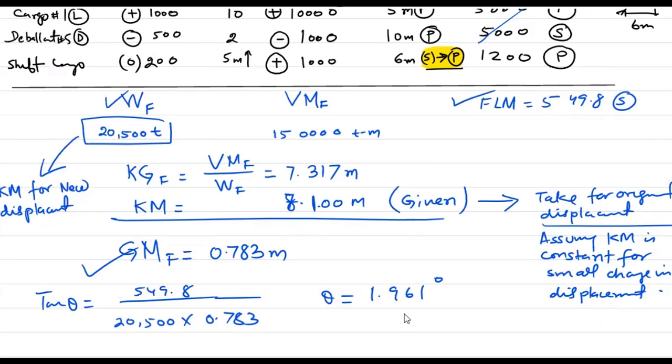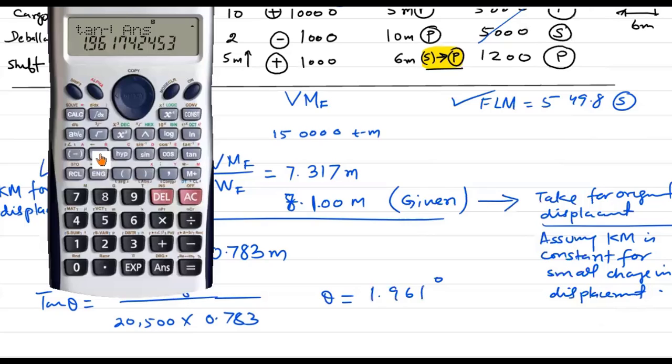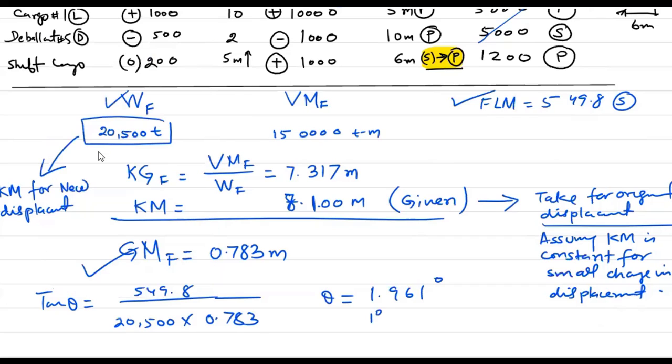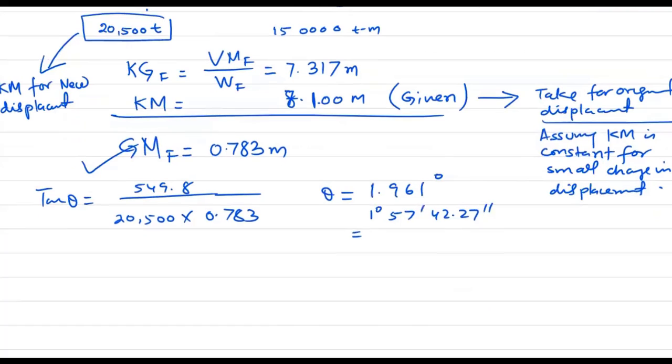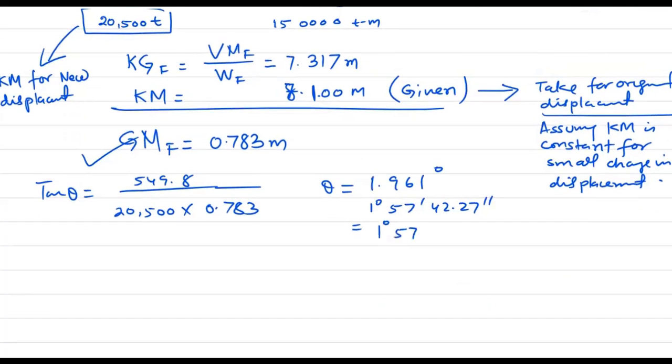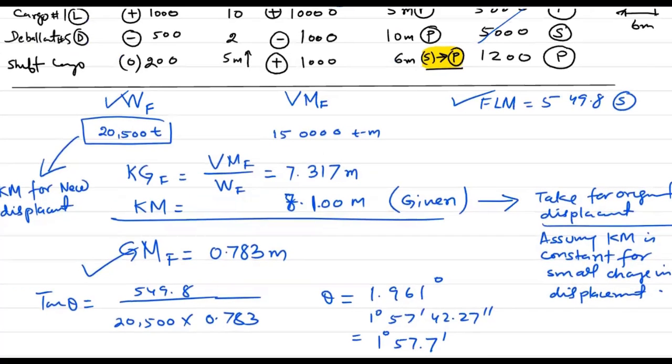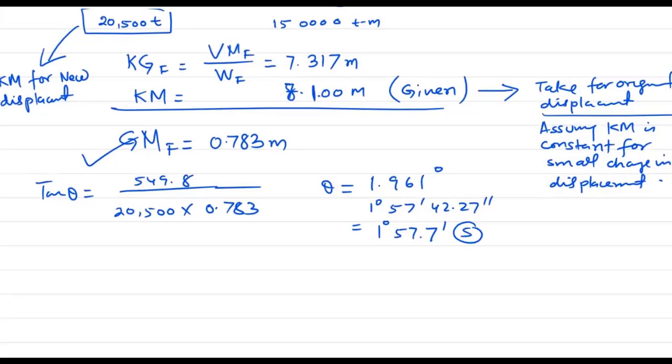But that's not the way to write the answer. So we convert it: 1 degree, 57 minutes, 42.27 seconds, or rounded off to 1 degree 57.7 minutes. And the direction will be towards starboard. That's it.